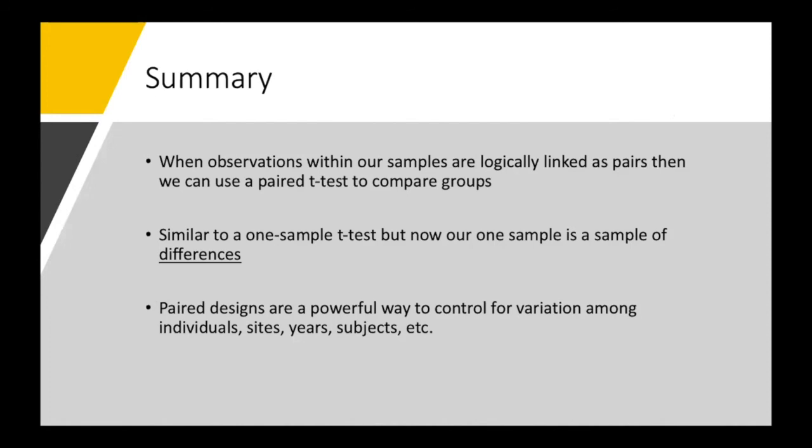And this paired design represents a powerful statistical technique to test for differences between our groups while controlling for variation across individuals, sites, years, or whatever we're using in the pairing itself.